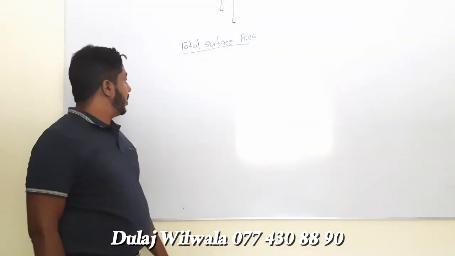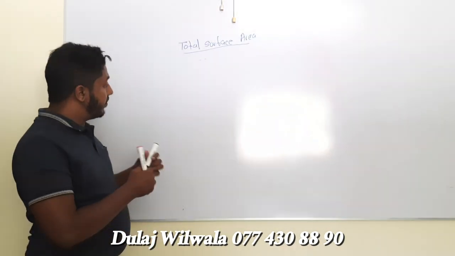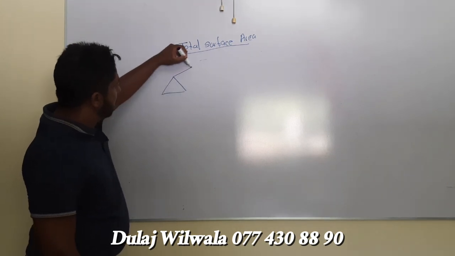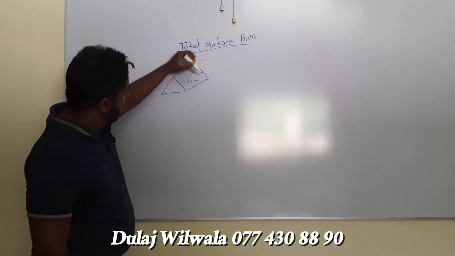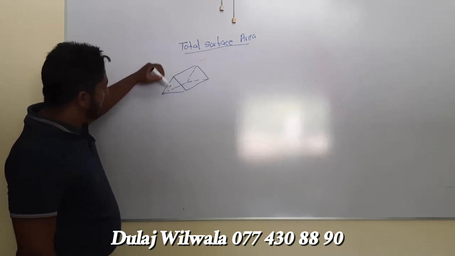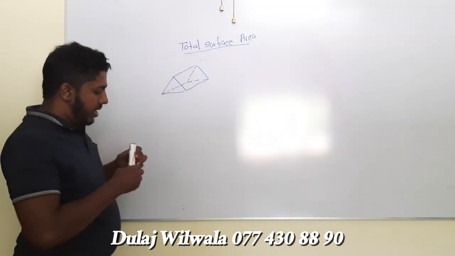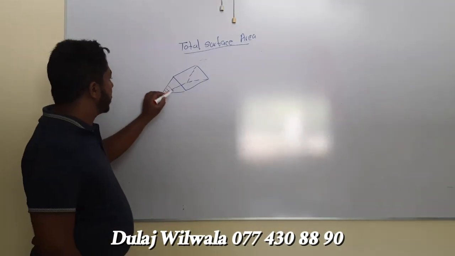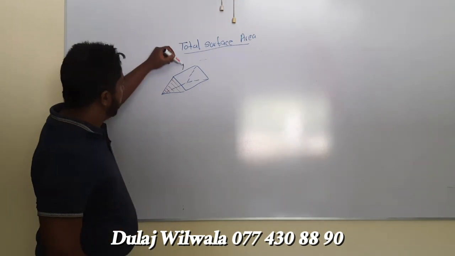Then let's consider the volume of a prism. So this is the prism. As earlier, in the cylinder, here also the volume will be the area of cross section into the length.